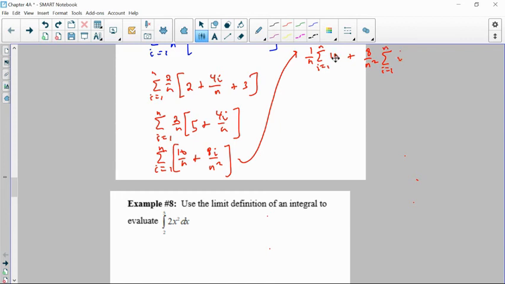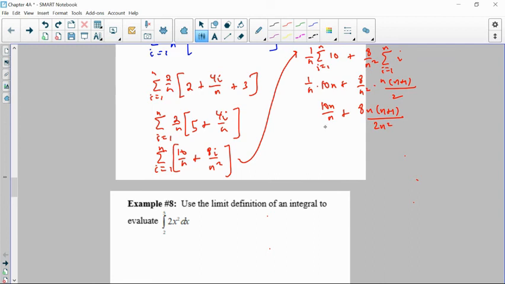And again, counting up tens, so that's 1 over n times 10n, plus 8 over n squared times n times n plus 1 all over 2. Or that's 10n over n plus 8 times n plus 1 all over 2n squared.